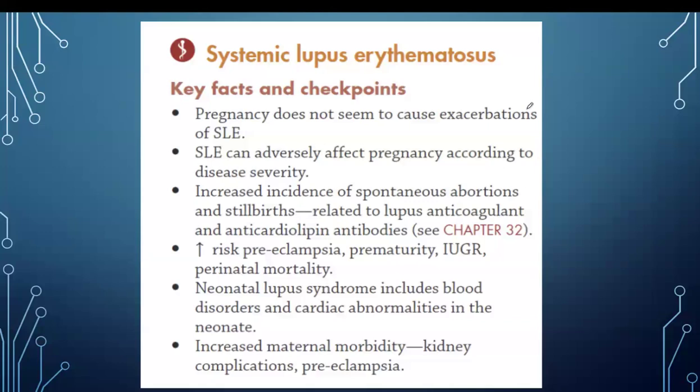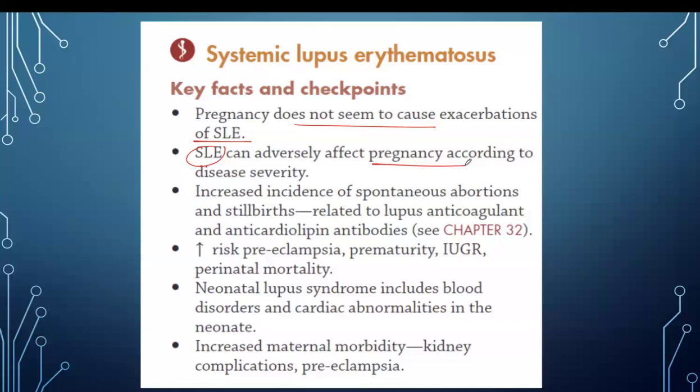Lupus or SLE. Pregnancy does not cause any exacerbation of SLE, but SLE can adversely affect pregnancy, which means that pregnancy itself will not cause any problem for SLE, but SLE can cause some effect on pregnancy.